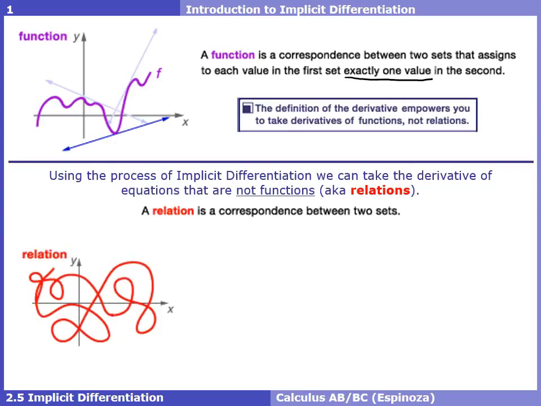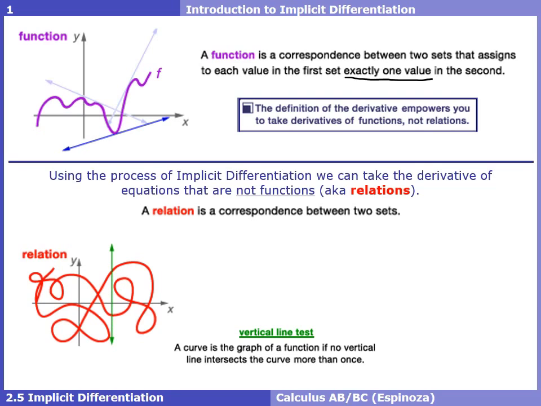This is kind of a ridiculous case of a relation, but it is a relation. And the reason we know it's a relation and not a function is it fails, if you remember back from algebra, the vertical line test. If you draw a vertical line and it touches the graph in more than one spot, it's not a function and it fails that vertical line test.